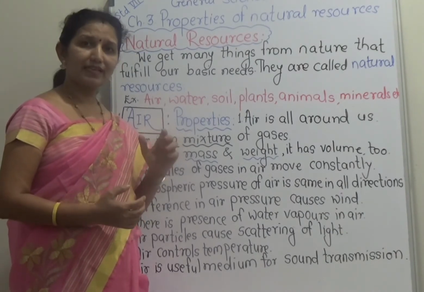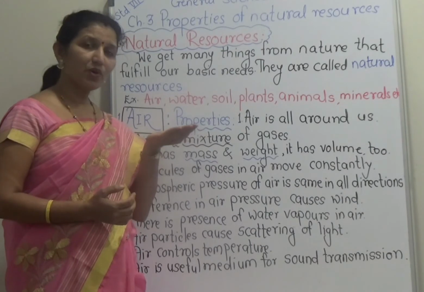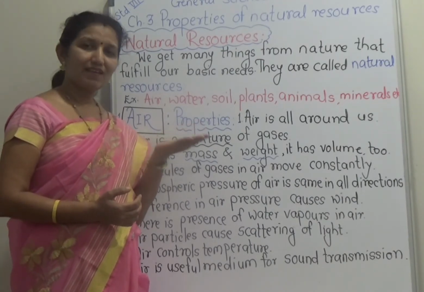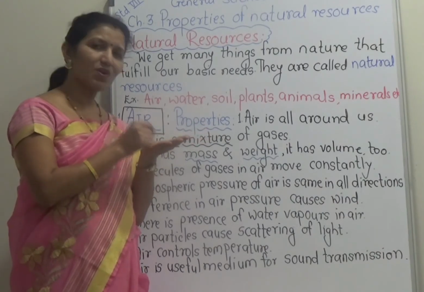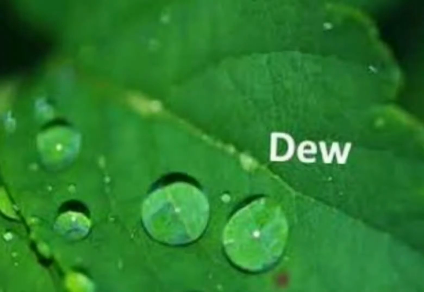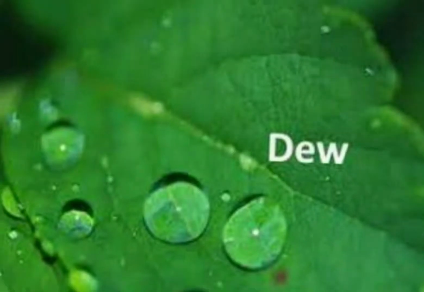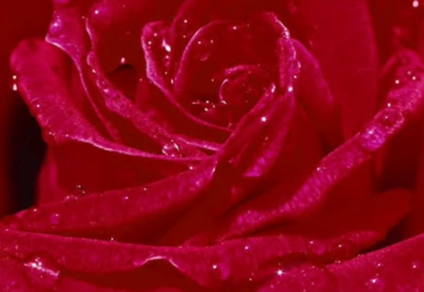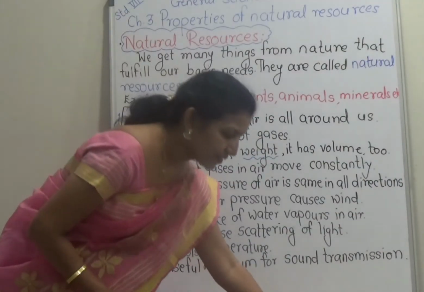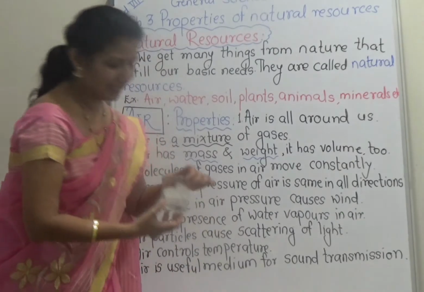And because of that, in the morning at dawn, if you see the leaves, on those leaves there are small droplets of water, and those droplets of water are nothing but dewdrops. That means dew formation takes place. Now we can do that experiment here also.